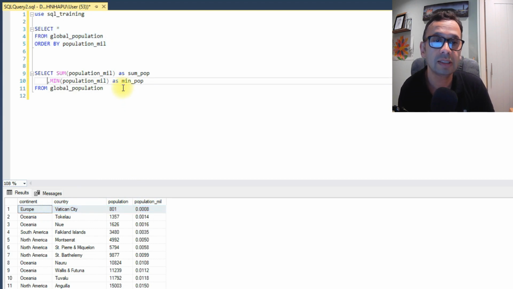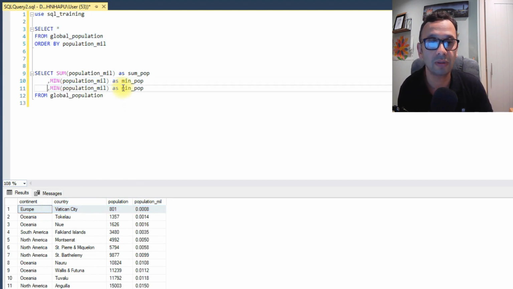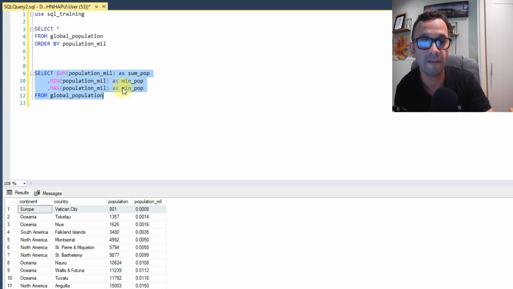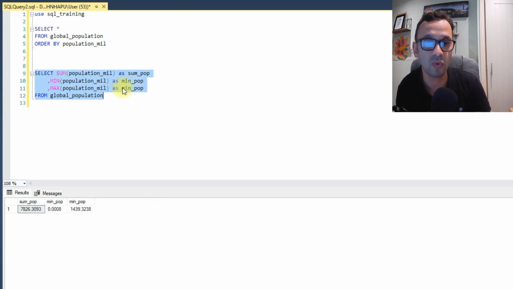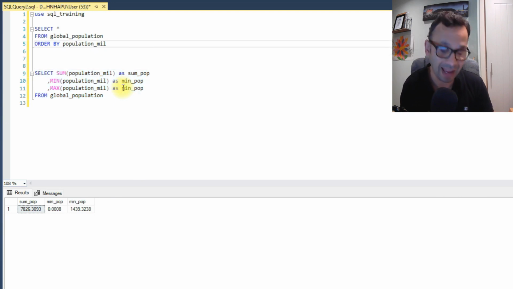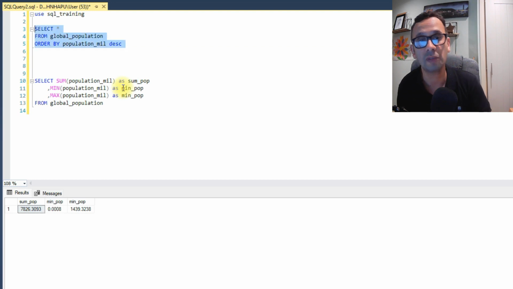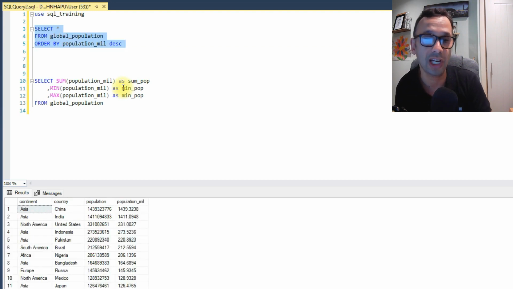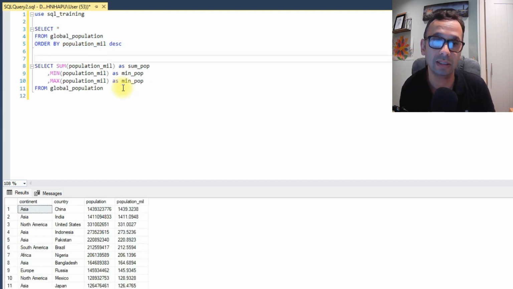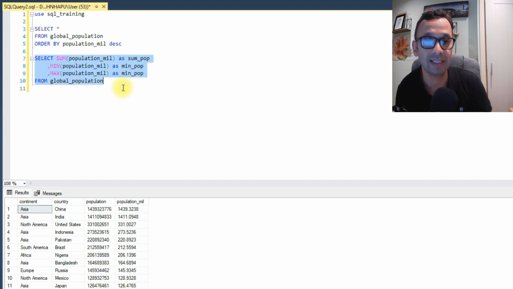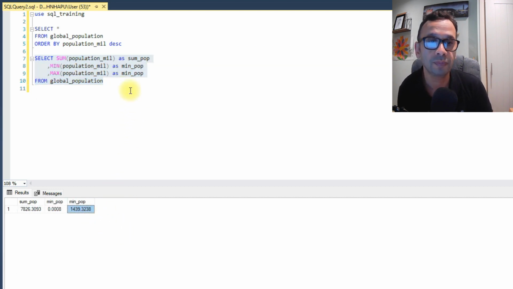Similarly, we can do max, so that will give us the largest value in there. So 1439. Any guesses what's the biggest country in terms of population? Well, it's China. So 1.4 billion in China, so that's what that is there, 1,439.